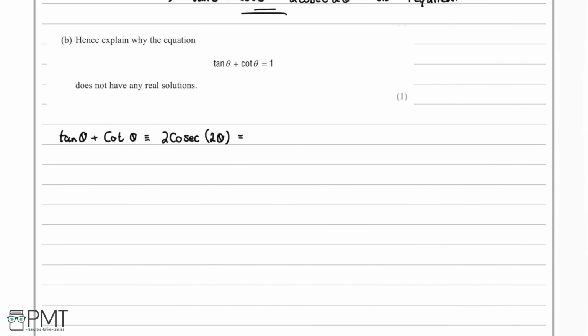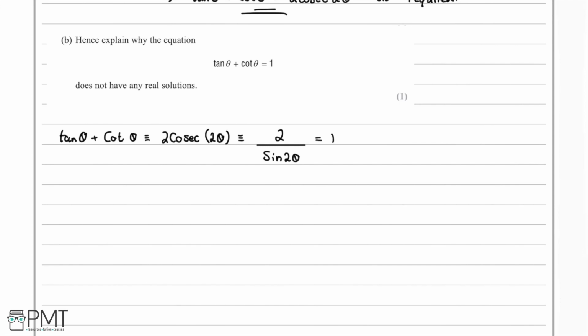And we recall, going back one step previously, that this was equivalent to 2 divided by sine 2 theta. And we're being told that this is going to be equal to 1.